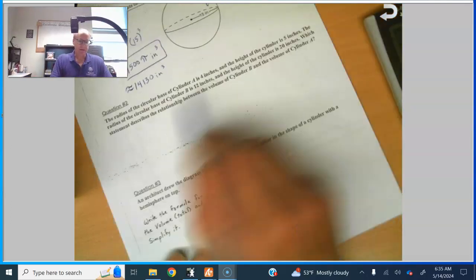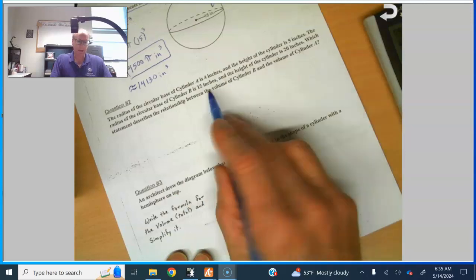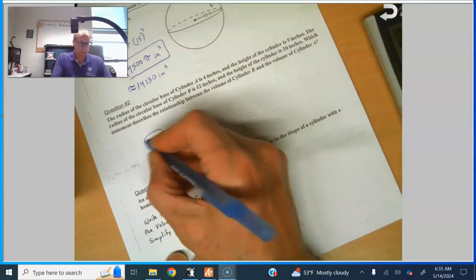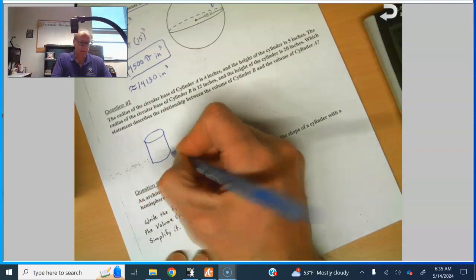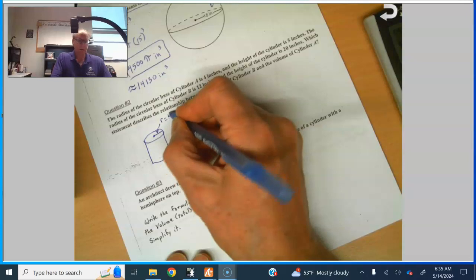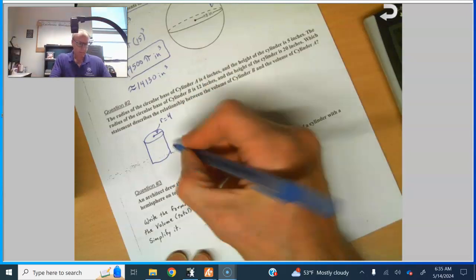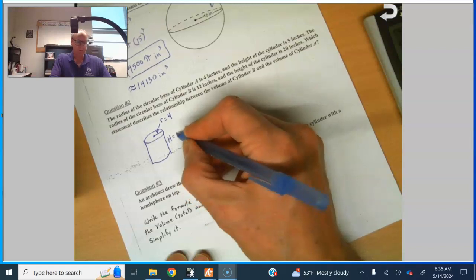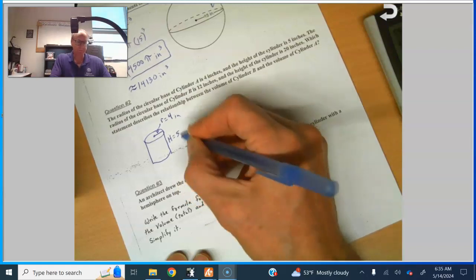All right, this one says the radius of a circular cylinder A is 4 inches, and the height is 5, I think. So we get a radius of 4. Notice that I start with a diagram, and the height, I like to use capital H for height, is 5 inches. I think these are in inches.